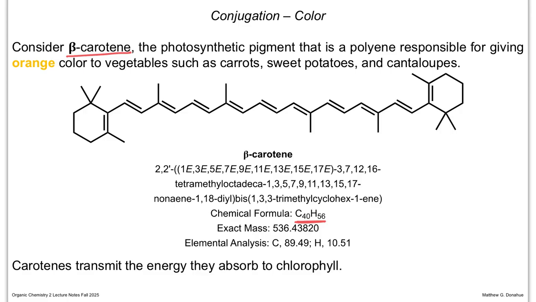Carotenes transmit energy they absorb to chlorophyll. Any plant people in the crowd, biology majors, conservation, that sort of thing? Sunlight is giving energy, and then the plants, how do plants get carbon?